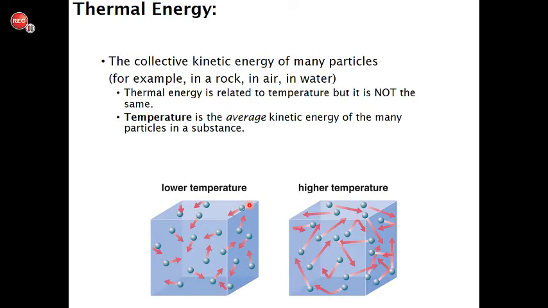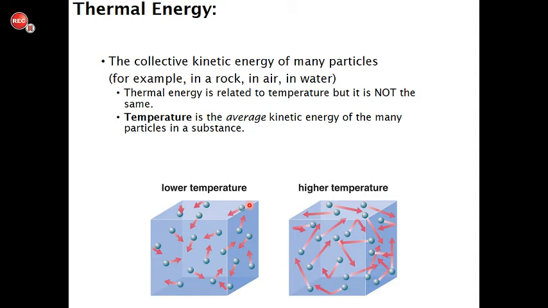So I asked y'all a question in the homework about sticking your hand in an oven versus sticking it in a pot of boiling water. Objects can have energy that's associated with how fast the individual particles are moving.